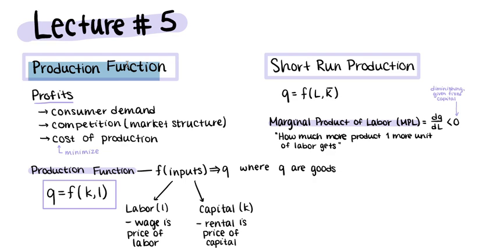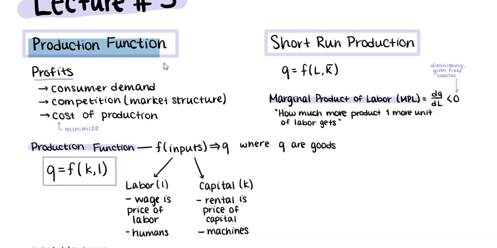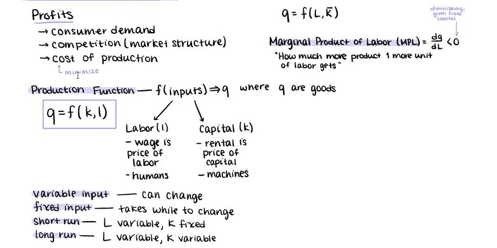Profits come from the consumer's demand, competition, and the cost of production. The production function is very important because if we know it, it's the key to how a firm works.